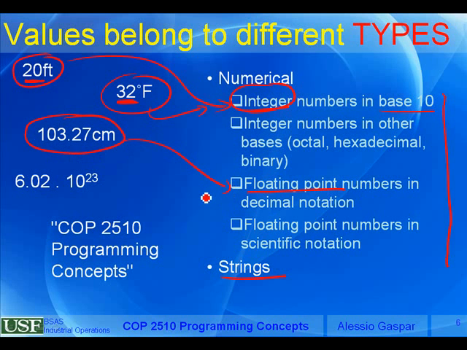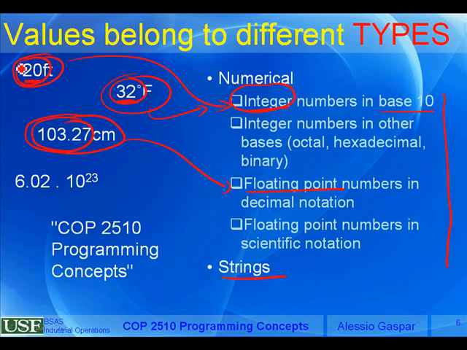So when I program and manipulate data, to a certain extent, I am ignorant of the real semantics of the data. Is it a temperature? Is it a distance? Is it in feet, centimeters, etc.? No, I don't care. I care about the value I need to represent, and this is what dictates how I'm going to store it in memory, as we are going to discuss in a couple of minutes.